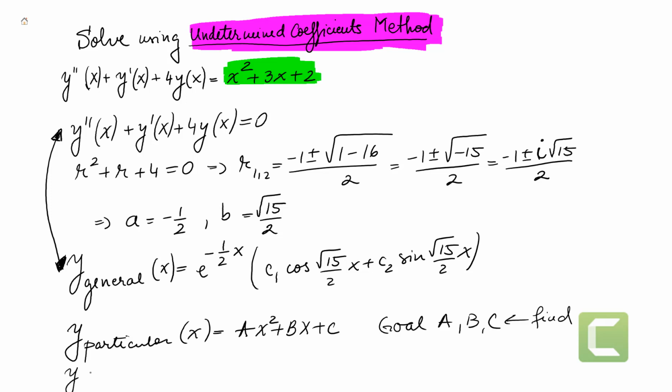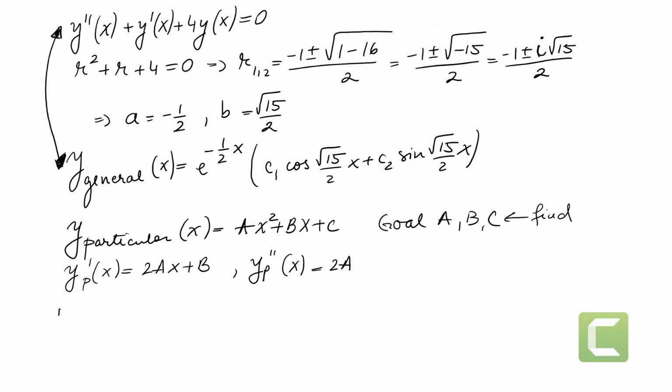Well, let's calculate the first derivative of the particular solution. So we get 2ax plus b, and the second derivative of the particular solution, which is 2a. That's it. And now let's call this equation star, and replace y particular prime and y particular double prime into star.